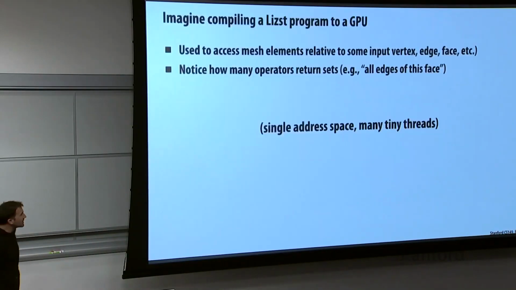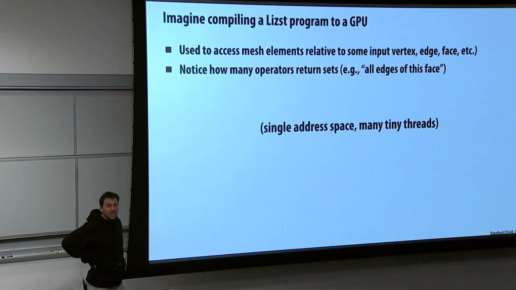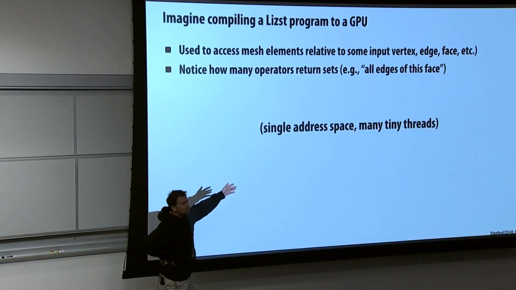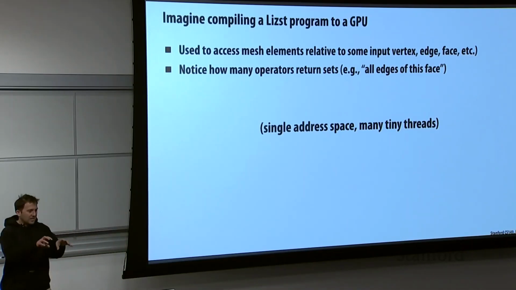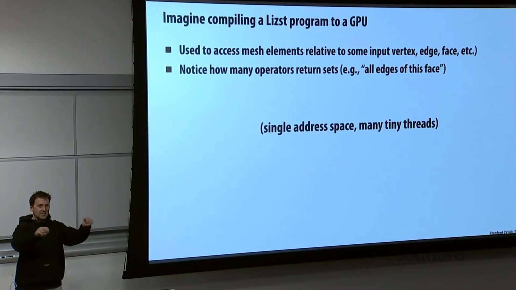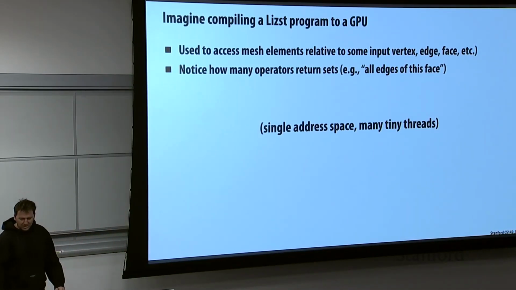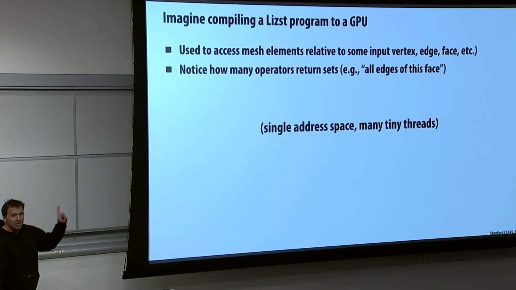But imagine we're compiling this Liszt code to a GPU instead. Single address space, many tiny threads. I'm not going to divide this big mesh into all these tiny little blocks. What might be much more natural would be to take that loop, which used to be for all edges in mesh, and say there's a CUDA thread per edge.